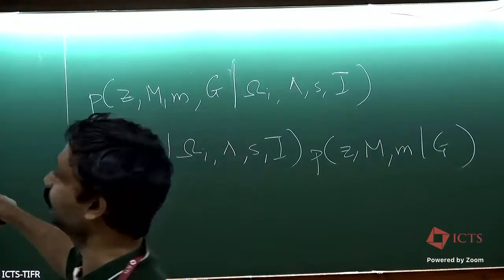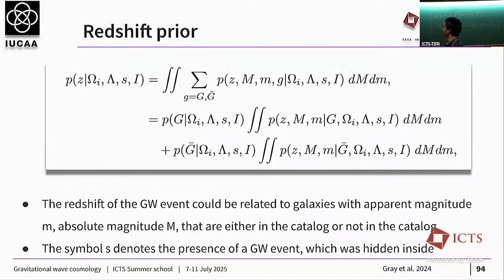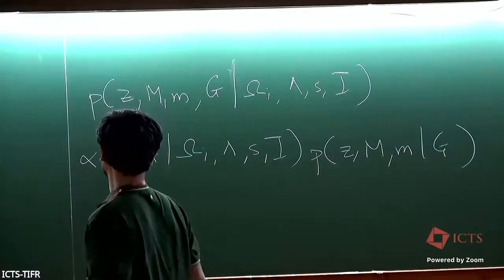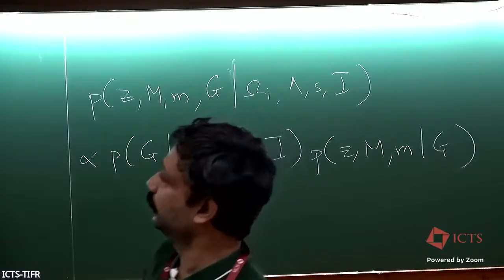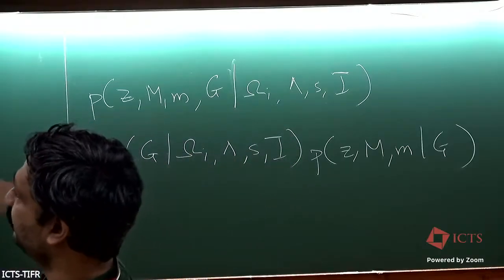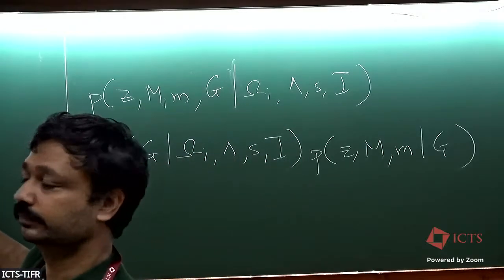There may be some normalization terms below. This is definitely proportional. And then similarly for G prime, I can do the same.